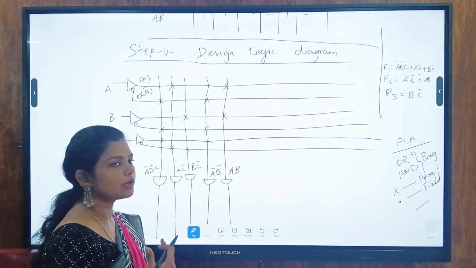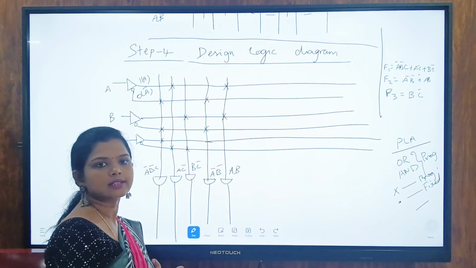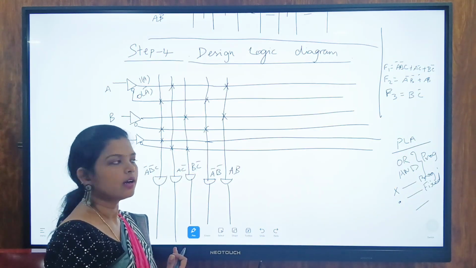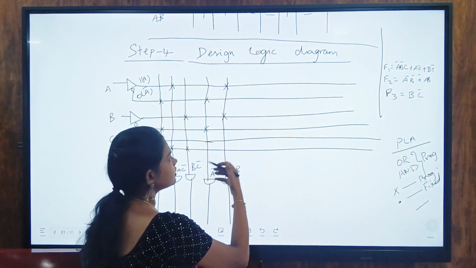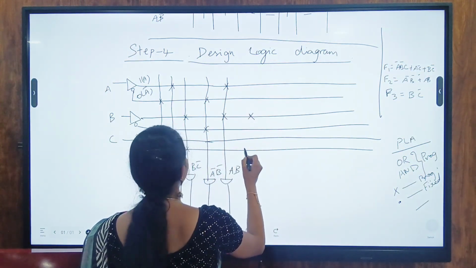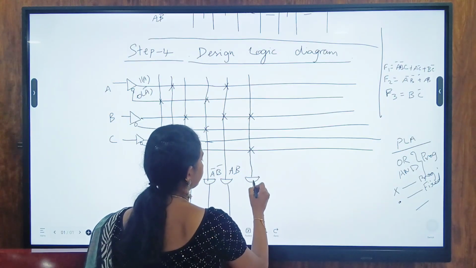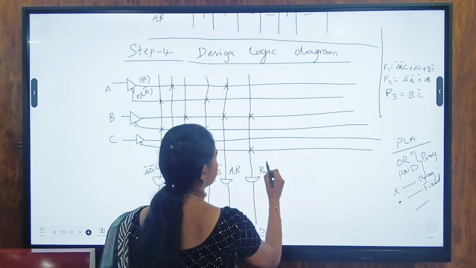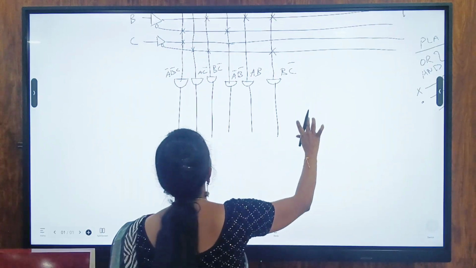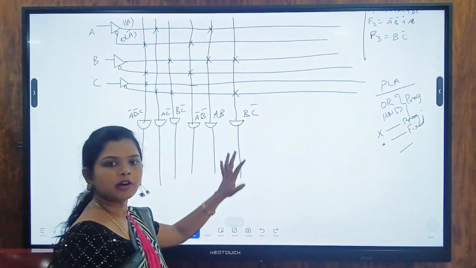If you make mistakes, the whole product will go wrong and the circuit diagram will end up wrong. Next, for F3: B, C bar. So the product terms are done.